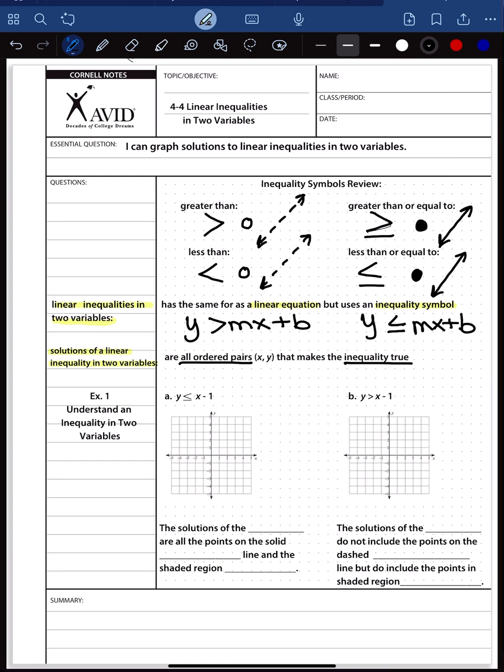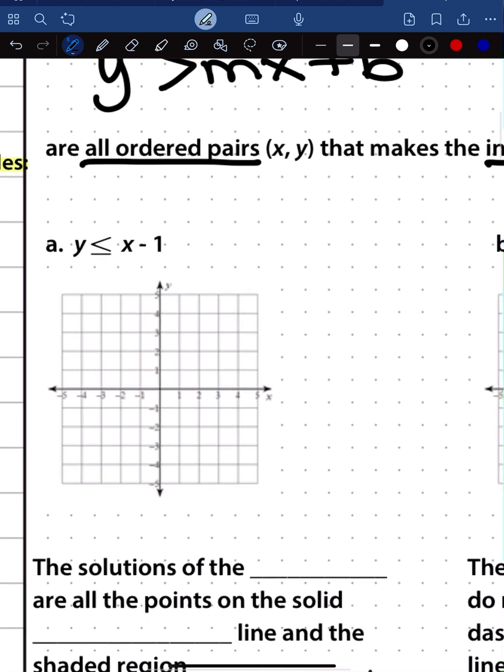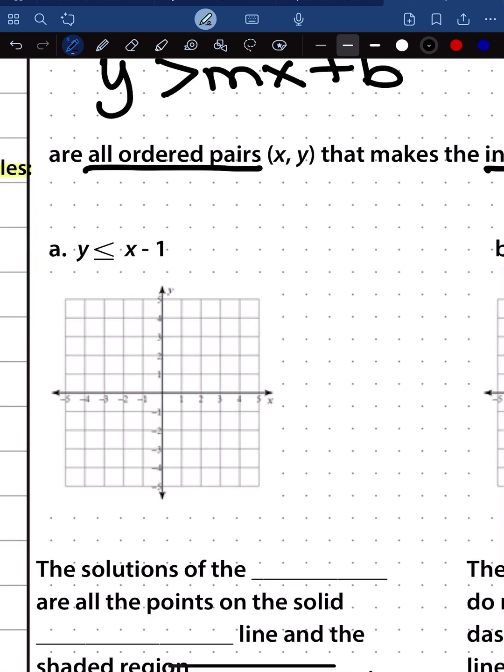Let's look at example 1 to understand what the inequality looks like in two variables. I'm going to focus on A here. We have y is less than or equal to x minus 1. We have this symbol here, which is less than or equal to.